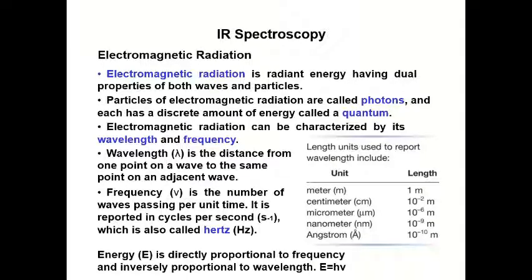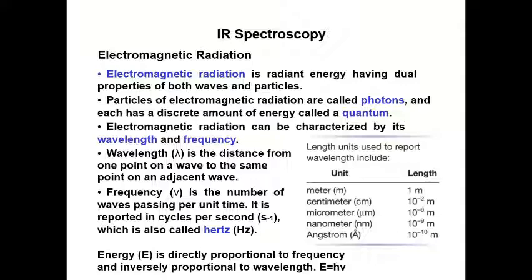The wavelength is the distance from one point on a wave to the same point on an adjacent wave. The frequency is the number of waves passing per unit time. It is reported in cycles per second, or second to the power of minus one, or one over second, which is also called hertz, right?